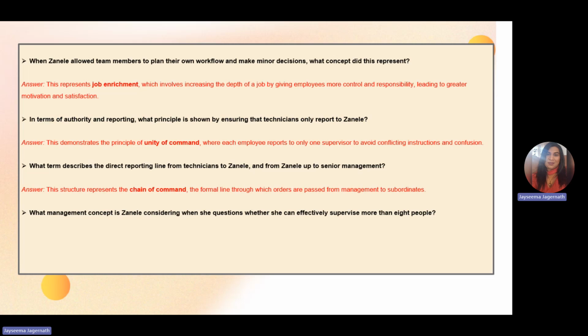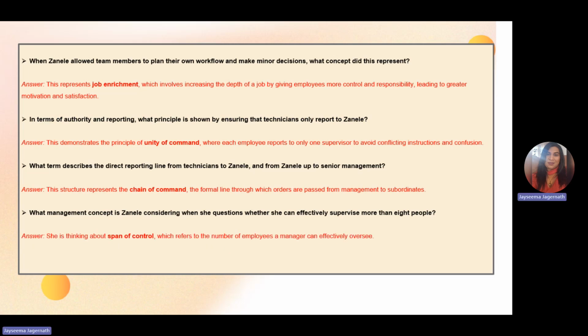Okay, so it's the hierarchical structure of an organization. A typical hierarchical structure looks like your CEO at the top, your middle management, your functional heads, then lower level managers, which is your supervisors, and employees at the bottom.